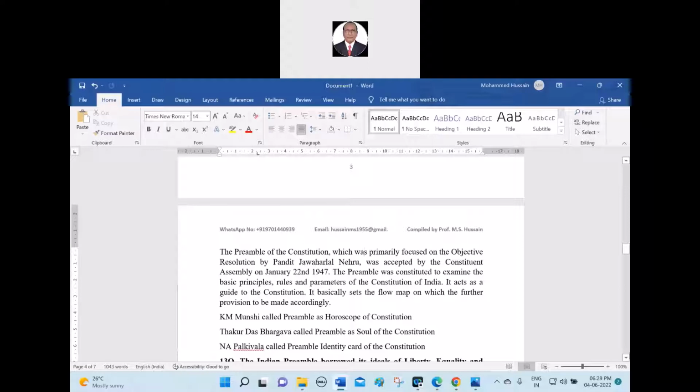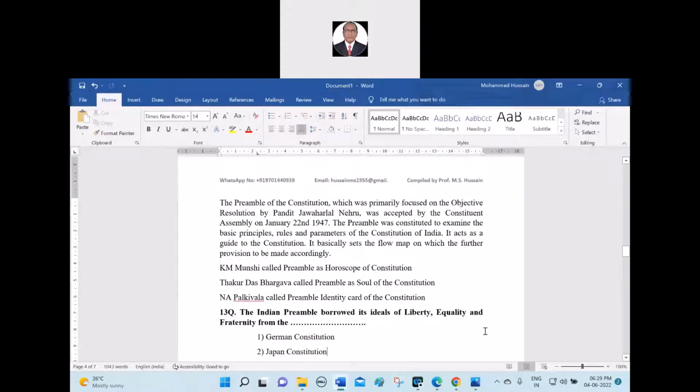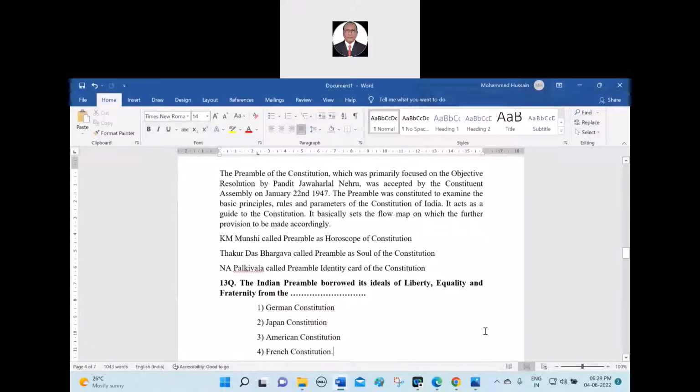It basically sets the road map on which further provisions are to be made. K.M. Munshi called the preamble the horoscope of the Constitution, Thakur Das Bhargava called it the soul of the Constitution, and N.A. Palkiwala called it the identity card of the Constitution.